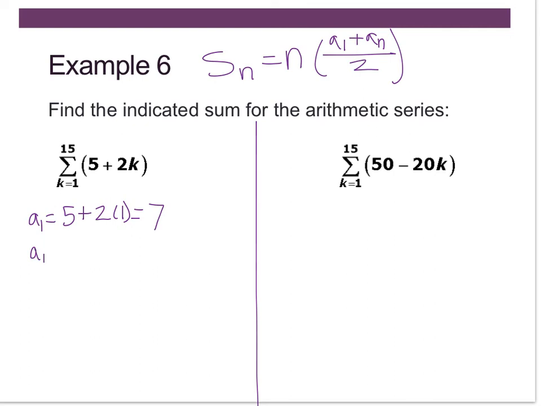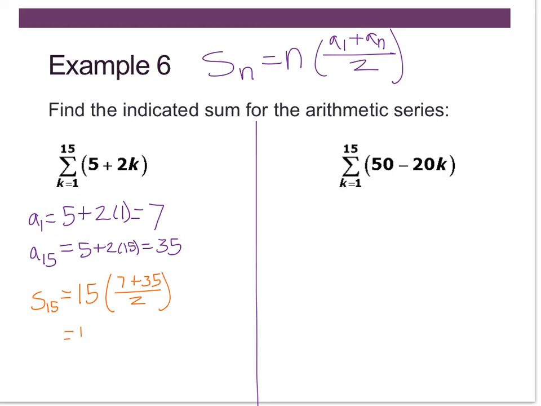Then we need to find the 15th term, because we want to find the sum from 1 to 15. So we do 5 plus 2 times 15. 2 times 15 is 30. Add 5, we get 35. So to find our sum, S sub 15 will equal n, which is 15, times the quantity, the first term, 7, plus the last term, 35, all divided by 2.